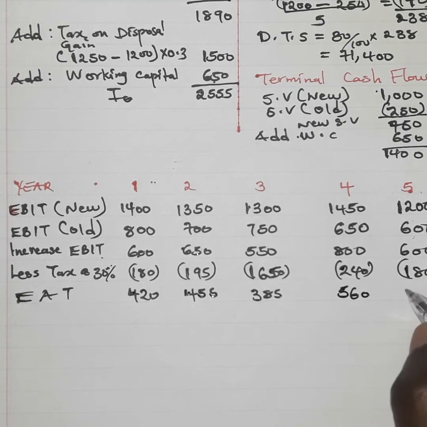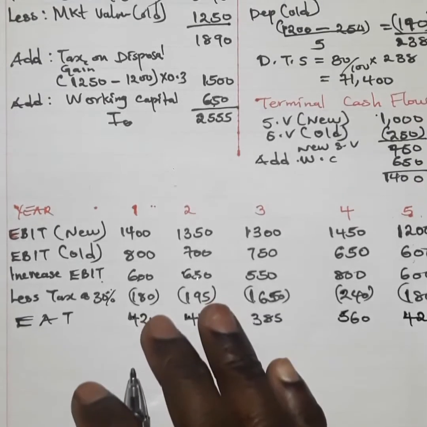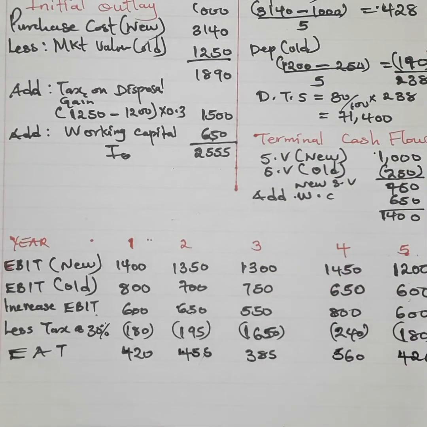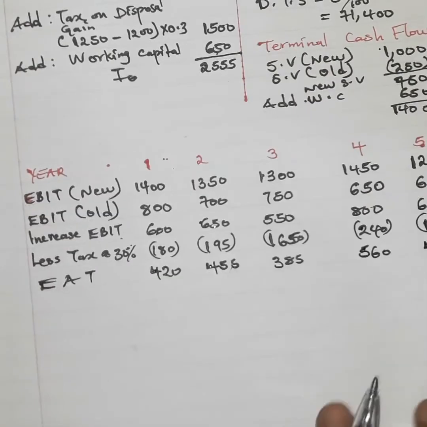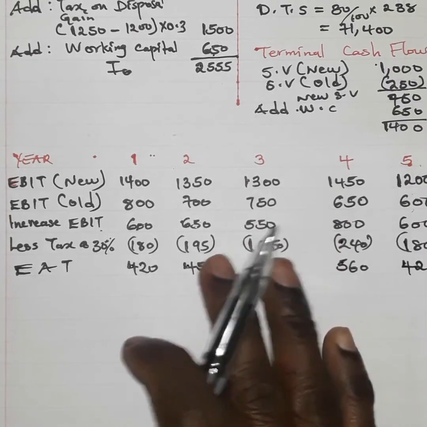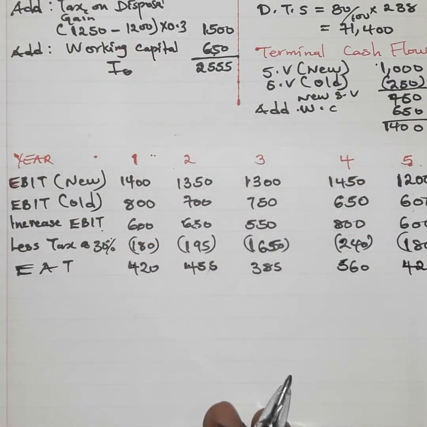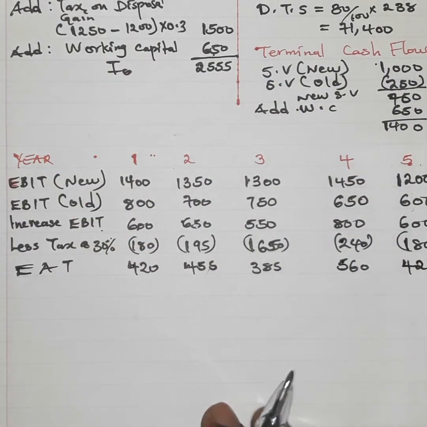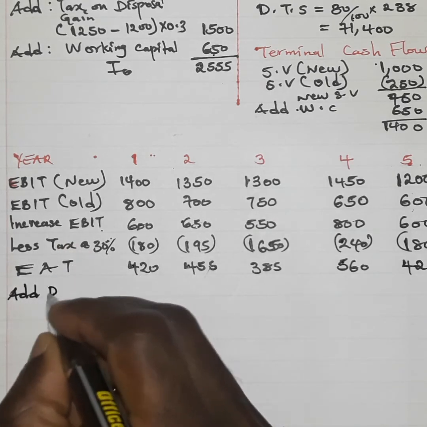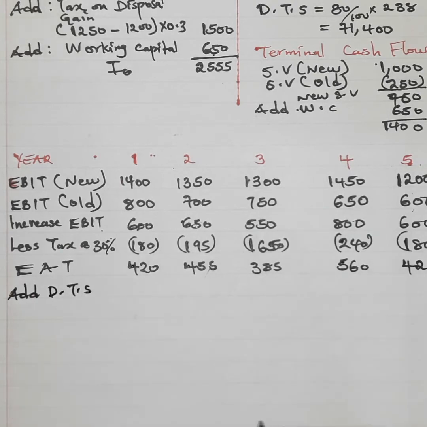And finally here we have 420. But remember, we had an element of what is known as depreciation tax saving. For every depreciation charged, some tax was saved, and whatever you save from the tax paid is being treated as part of the cash flows. So we are supposed to add depreciation tax saving, and this one is uniform for all the years because that is what was charged.